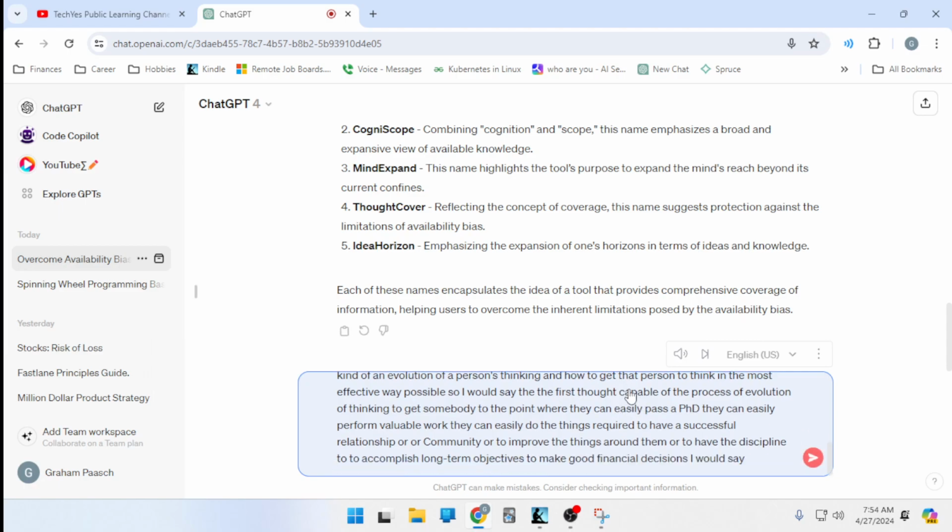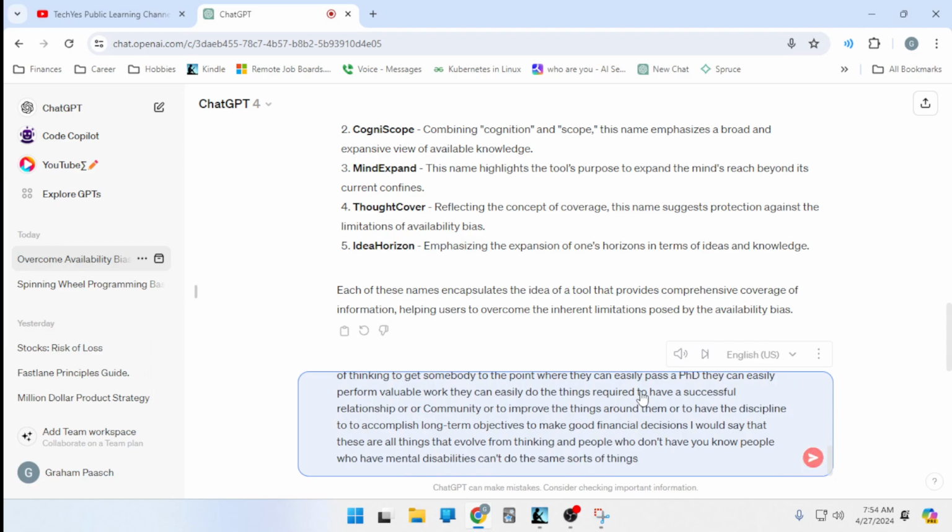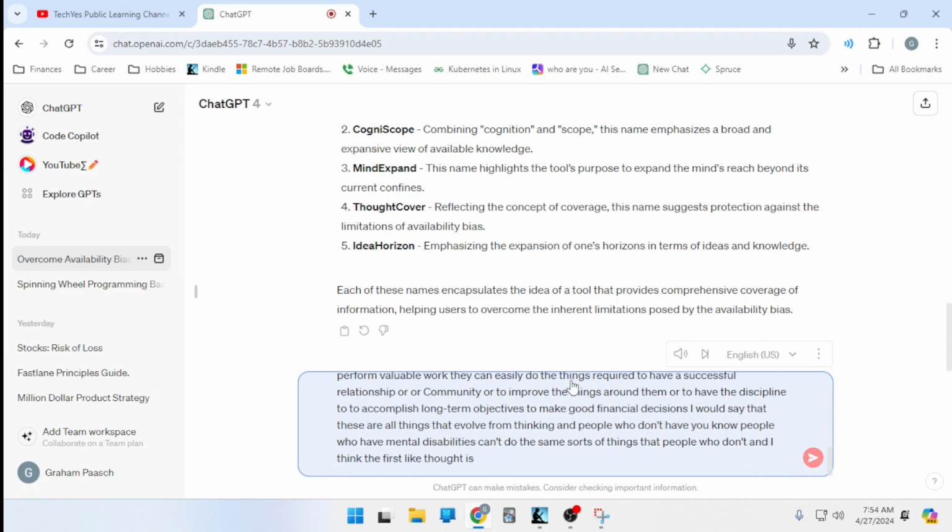I would say these are all things that evolve from thinking, and people who have mental disabilities can't do the same sorts of things that people who don't can. And I think the first thought is, I think therefore I am.